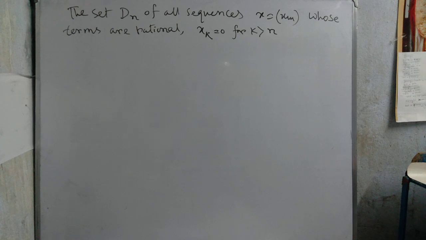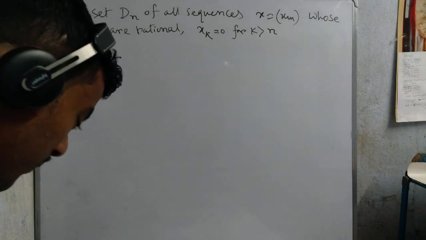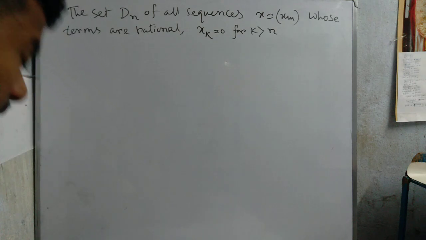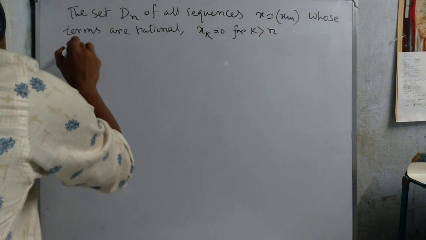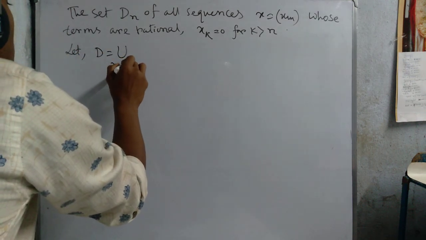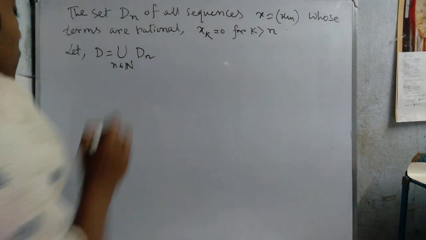Okay, then obviously let D equal to the union of Dn for n belongs to N.